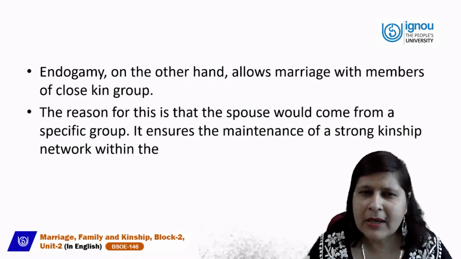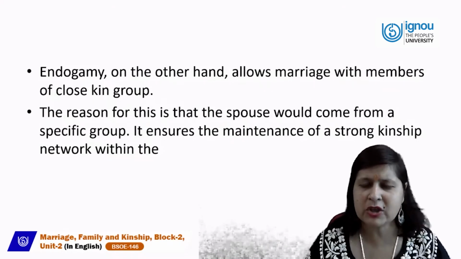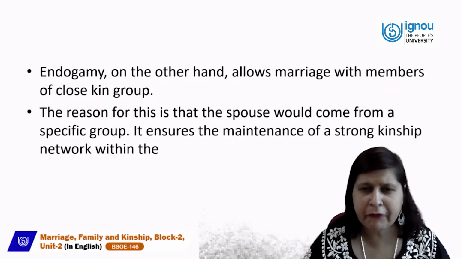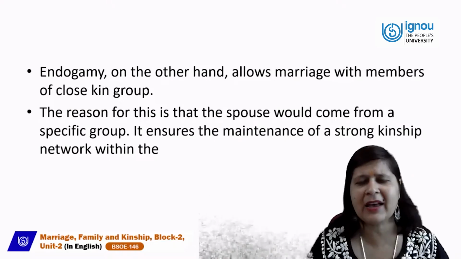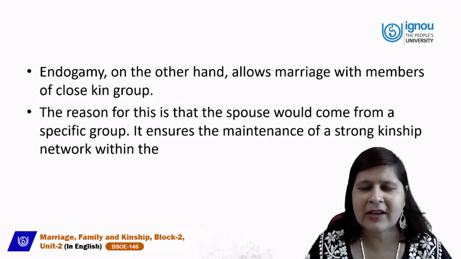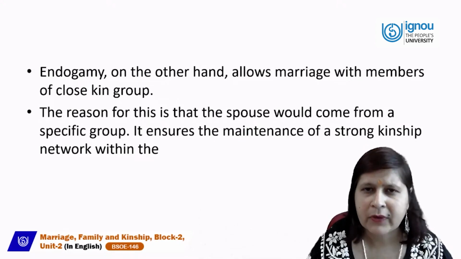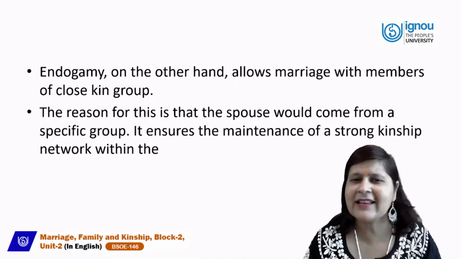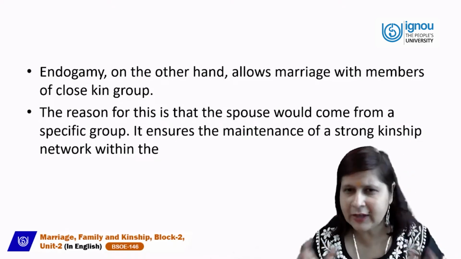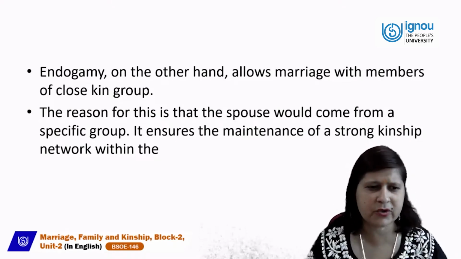Endogamy, what is endogamy? Endogamy defines whom to prefer as a marriage partner, right? Endogamy allows a marriage with members of close kin groups. Like in South India, there could be a cross cousin marriage, right?